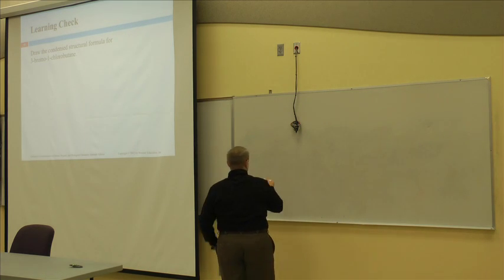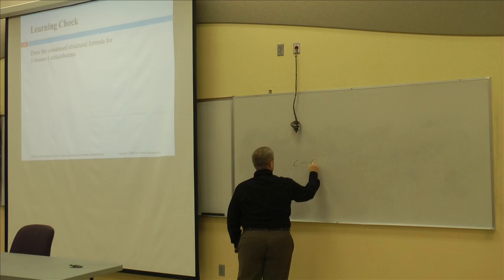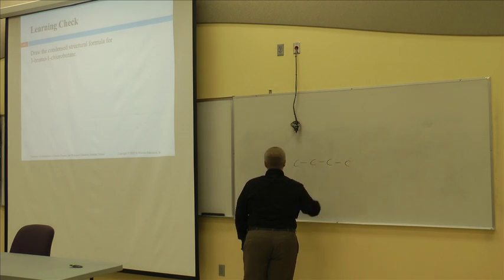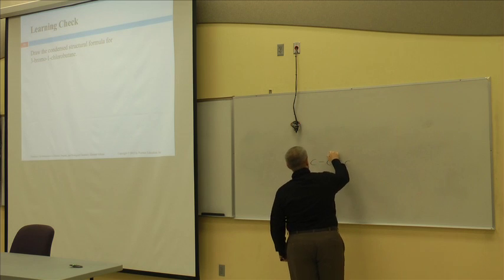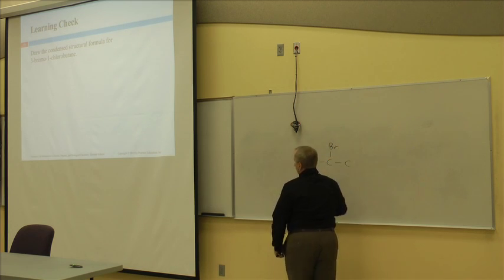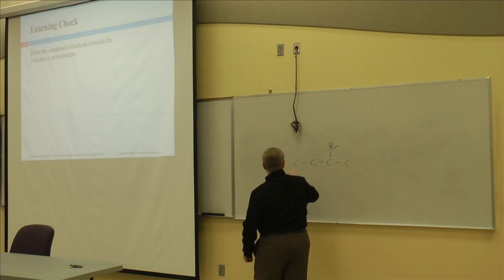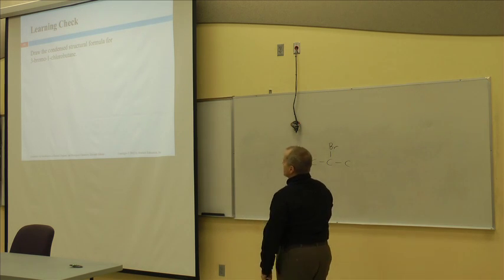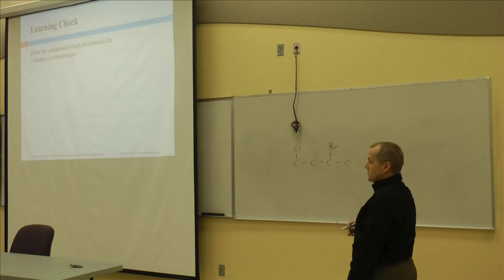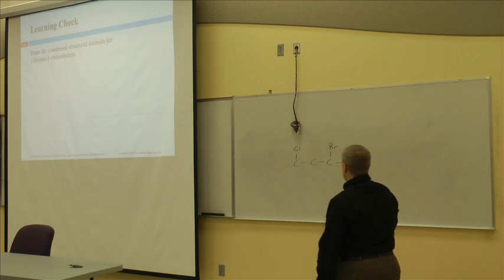So it's a butane, so that's going to be 4 carbons, right? So there's our 4 carbons. 3-bromo, so there should be a bromine here. And 1-chloro, so there should be a chlorine here. Now it says condensed structural formula, so we have to be mindful of that.